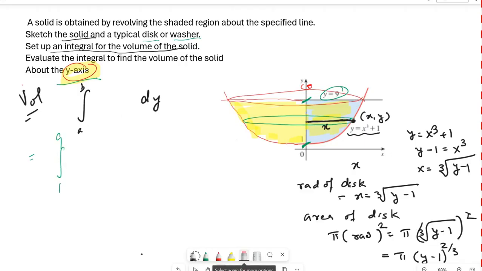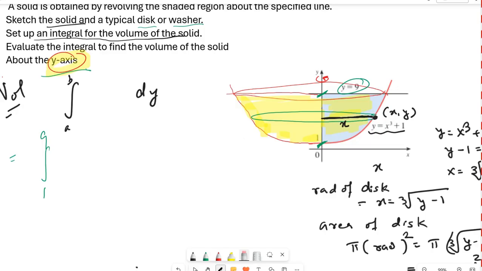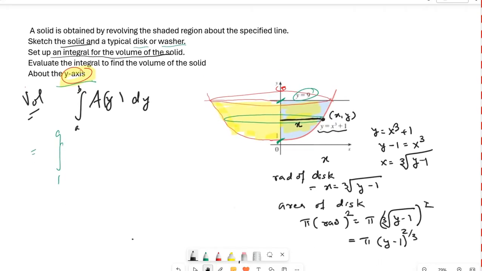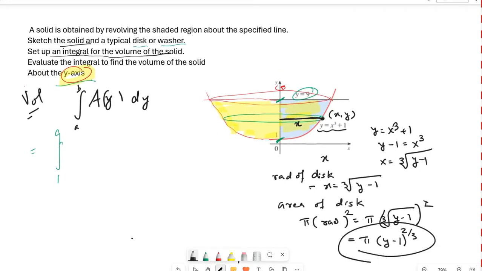And this portion here is the area of your disk in terms of y, and I found it as this one: pi times (y minus 1) to the power 2/3, with respect to y, because the area of your disk is pi times radius squared.